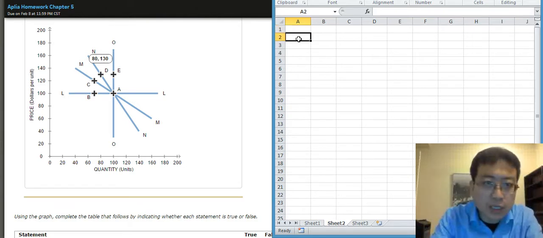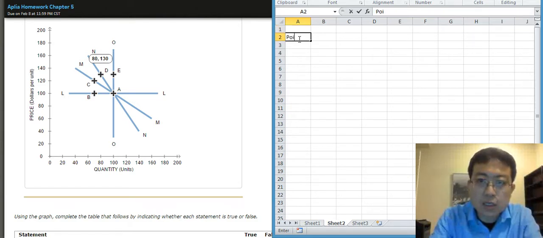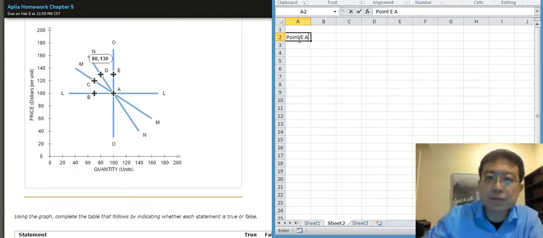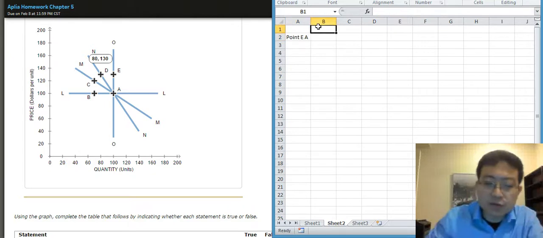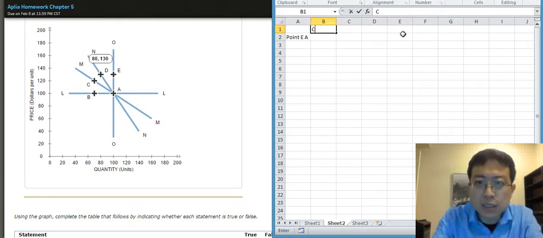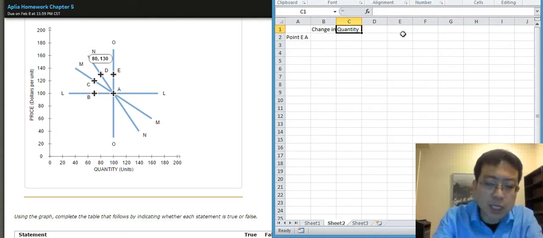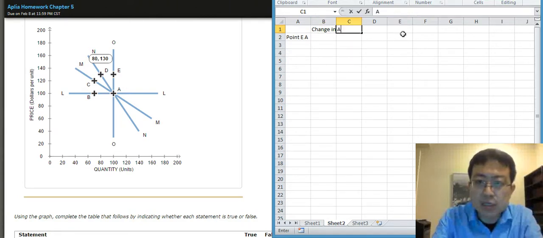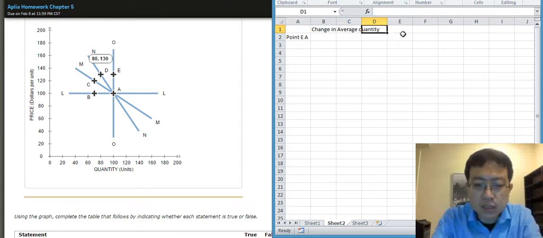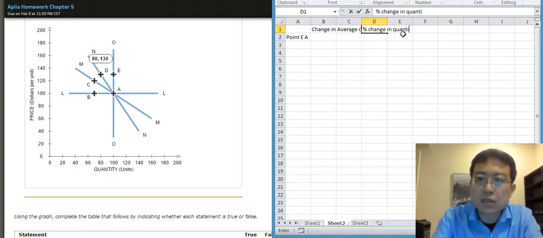So between point O and E, point E and A, my bad. So between point E and A, and then the first column, let's call this one change in quantity. And the next one will be average quantity, AV, and then percentage change in quantity.